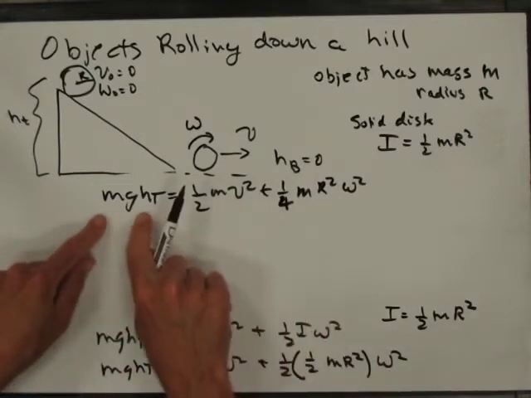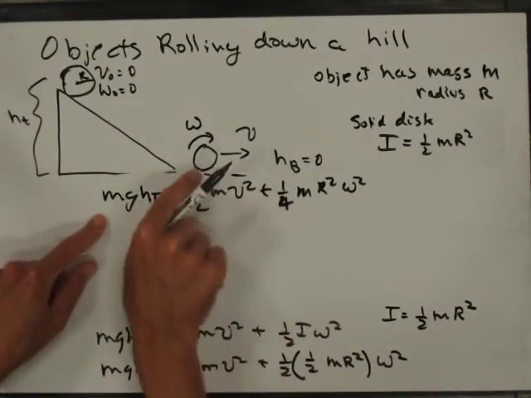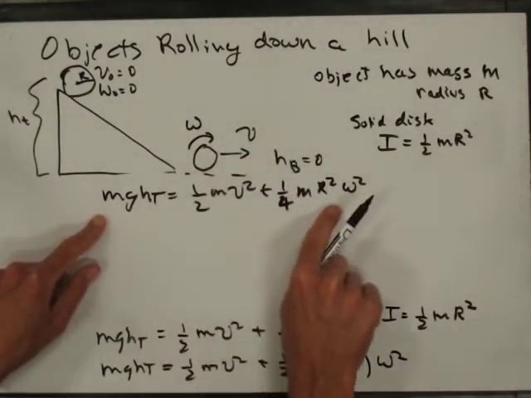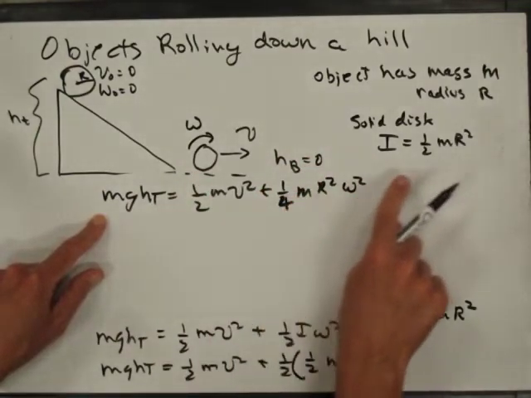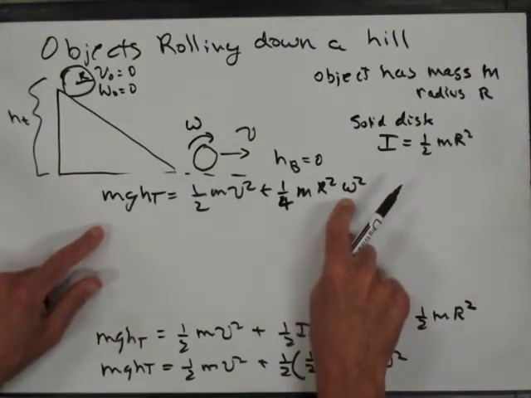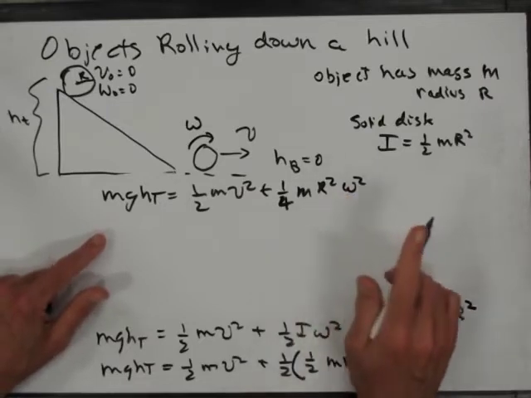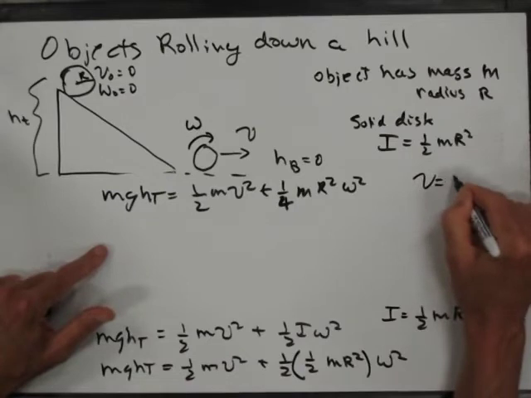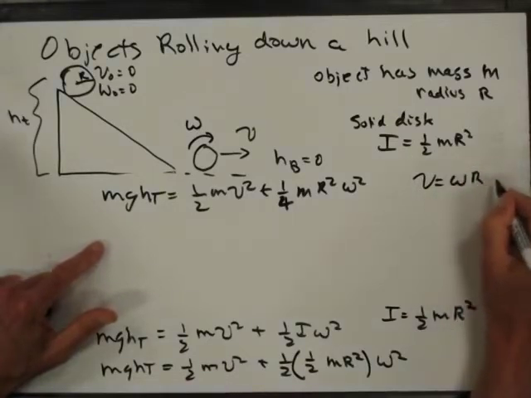This is the potential energy it started with. This is the kinetic energy it ends with because the wheel is moving. This is the kinetic energy for rotation it gets because it's a solid disk and it's rolling at angular velocity omega. Now I want you to remember that for a rolling object, v equals omega r.